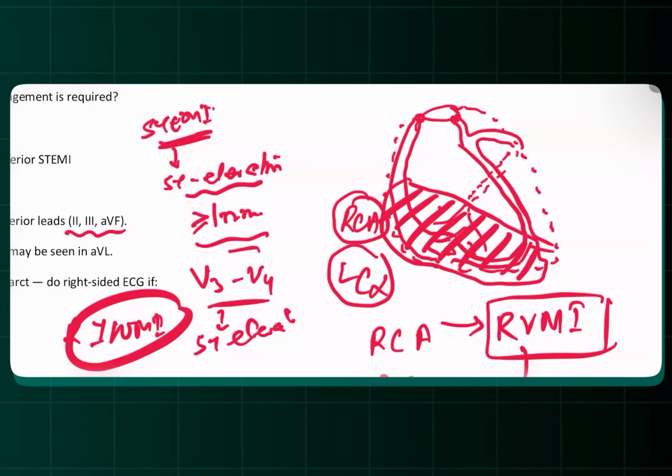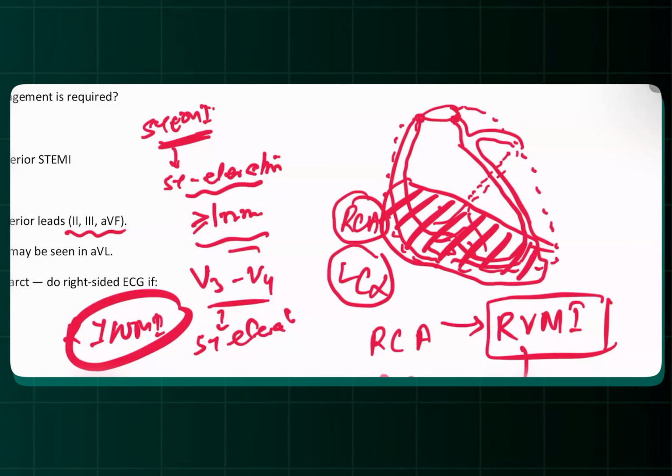But in RVMI it will not help at all, because the RV is pumping blood into the pulmonary artery. We are not putting the IABP into the pulmonary artery. We are putting it into the aorta, and the aorta is connected to the left ventricle. So the IABP is a left ventricular assist device, as small as possible. Then there are the bigger ones, Impella and all, LVAD. But we do not have an RVAD.